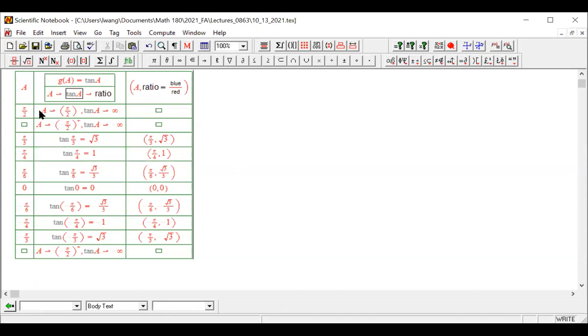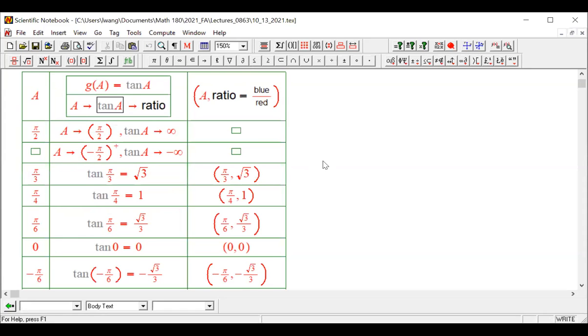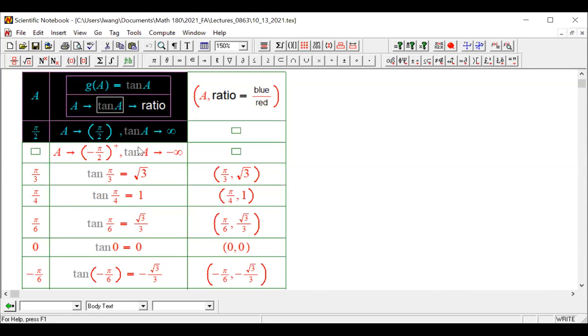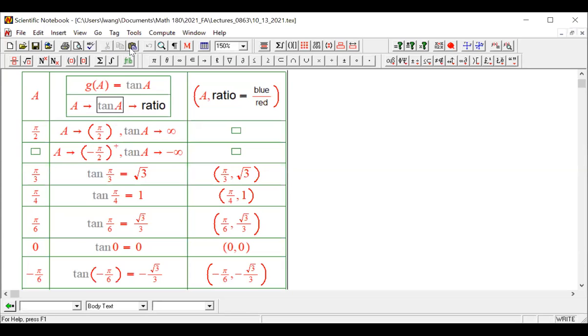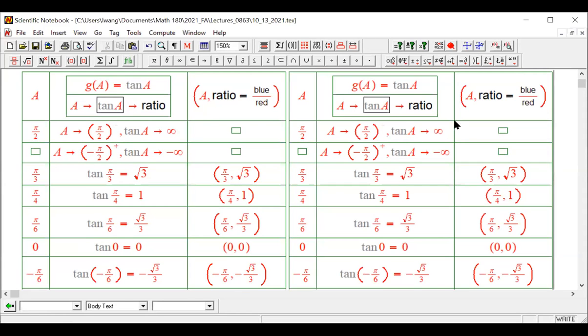Okay, so this table is about G. I'm going to create a table which is G inverse. So this is changed to inverse, this changed to the inverse. And now it's ratio to what? Ratio to angle.